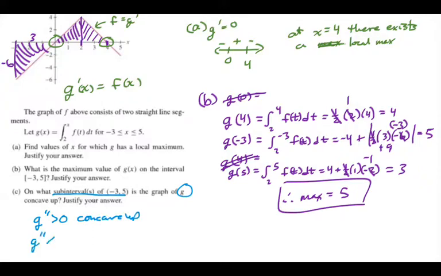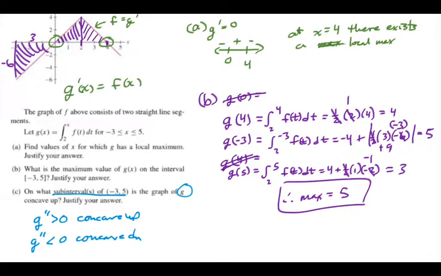If G double prime is less than 0, that means we're concaving down. If G is concaving up, that means the slope is increasing. If G is concaving down, that means the slope is decreasing. Just a conceptual fact there.